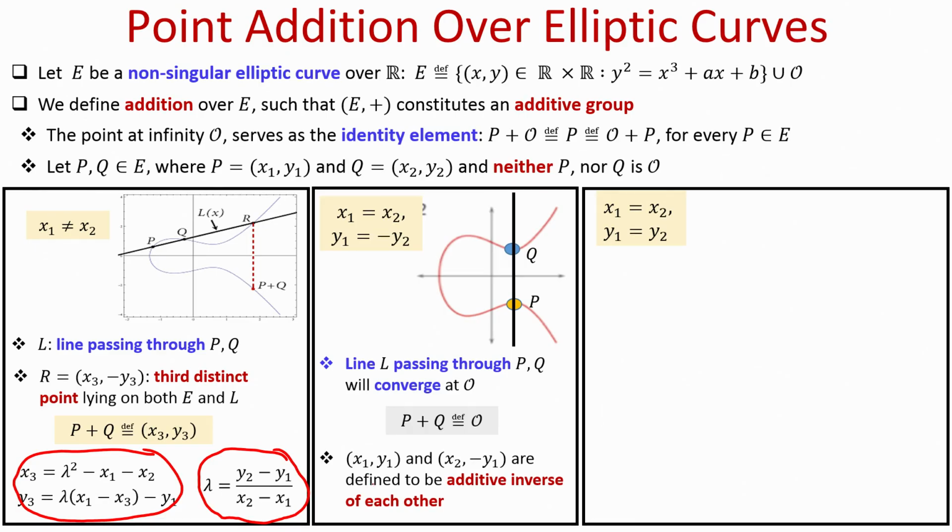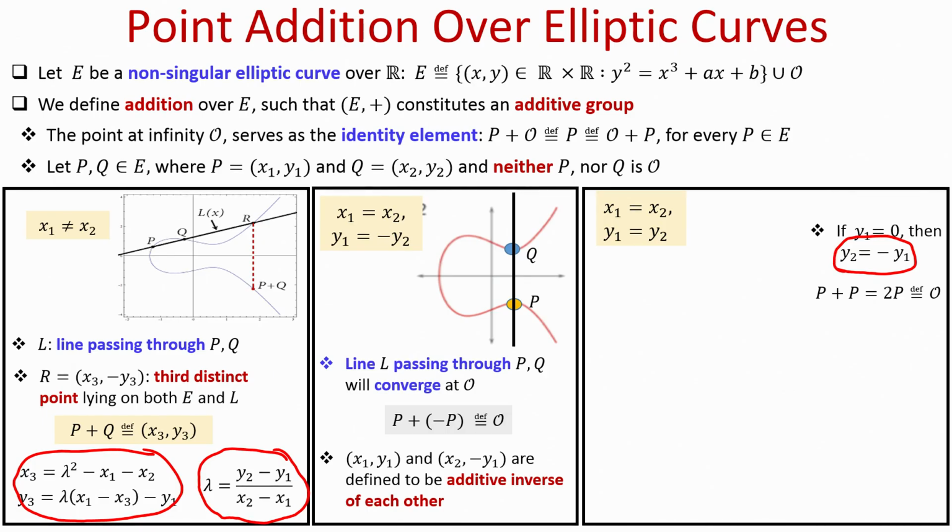That means we can interpret two points x1 comma y1 and x2 comma minus y1, where x1 and x2 are the same, to be the additive inverse of each other. Whereas, for the third case where x1 is equal to x2 and y1 is equal to y2, we have two sub cases. If y1 is equal to 0, then we can interpret y2 to be equal to minus y1, because plus 0 and minus 0 are the same.